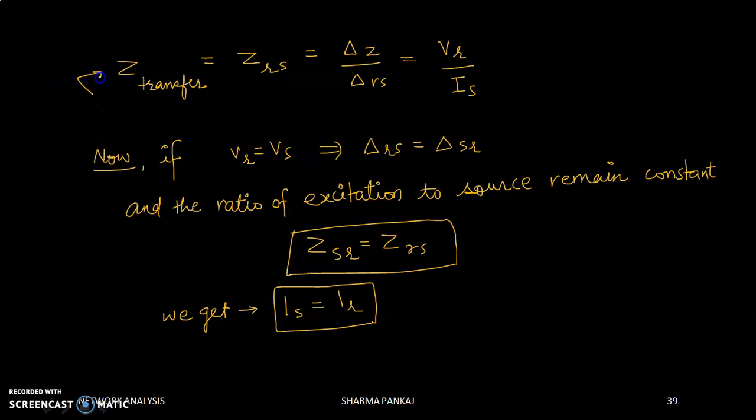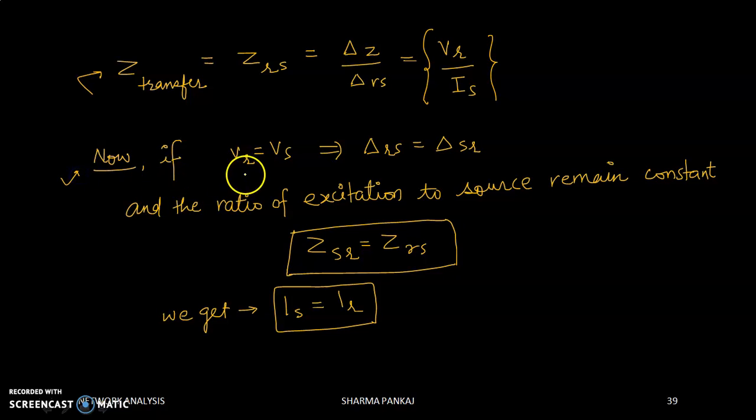Now see this, the transfer impedance Z_RS is equal to delta Z upon delta Rs, as we have seen, which is equal to VR upon Is. These all are coming from the transfer impedance method.